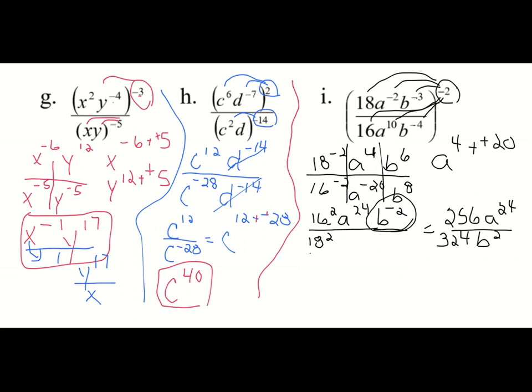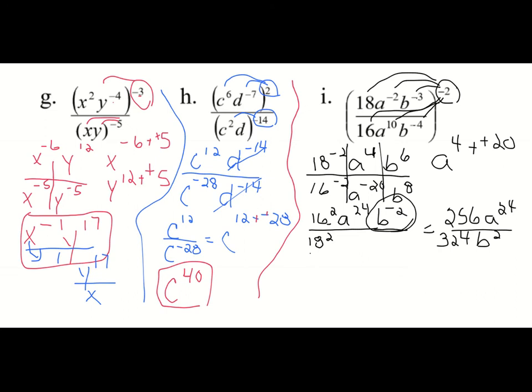So this looks pretty good and done, except I do know that the 256 and 324, I can simplify that. And I can divide them both by, I think it is 4. Let me just double check. 256 divided by 4, 64, yep, and then 324 divided by 4 is 81.